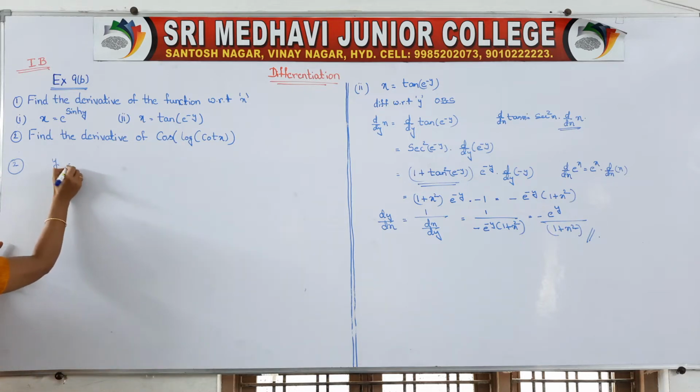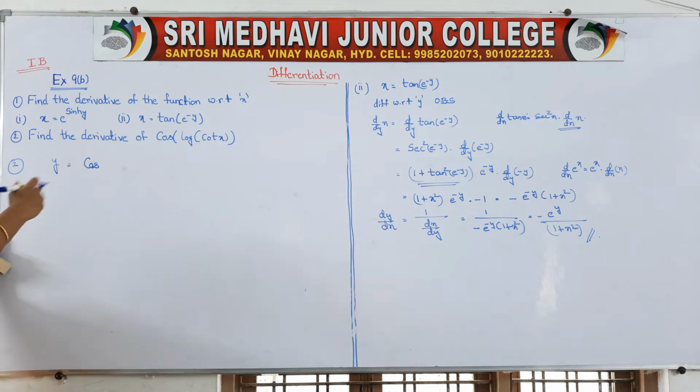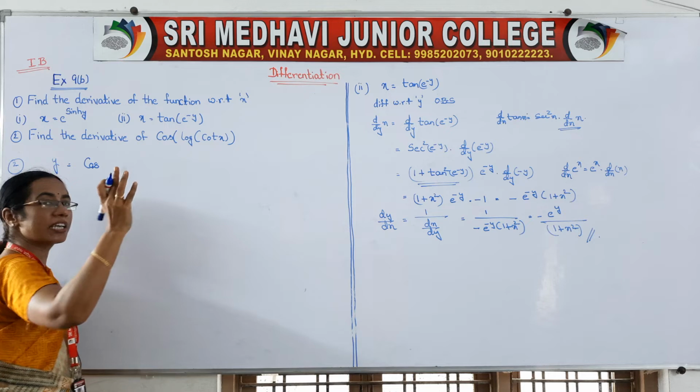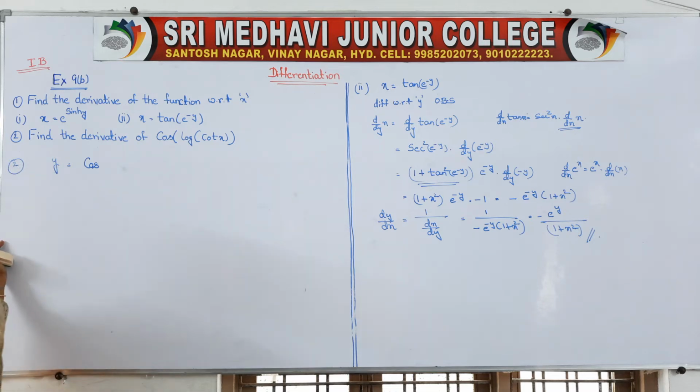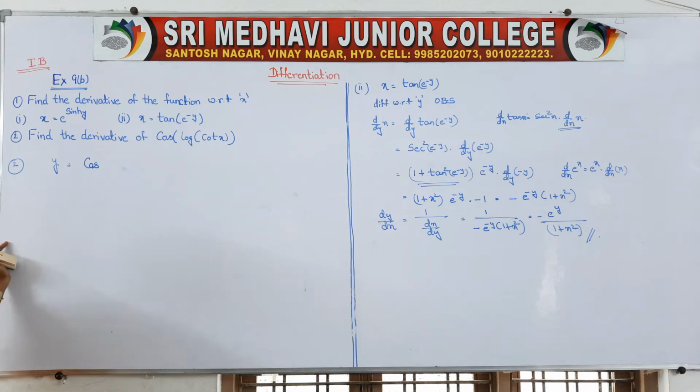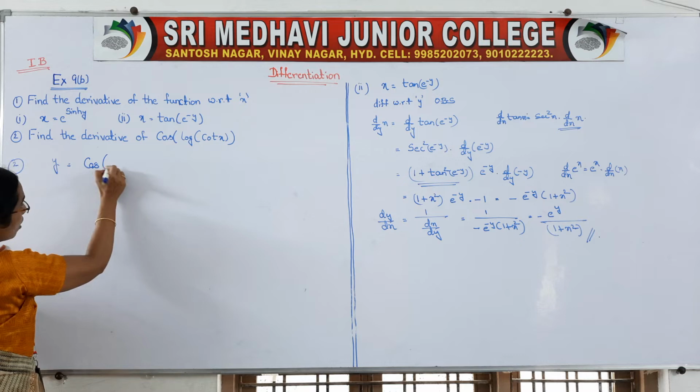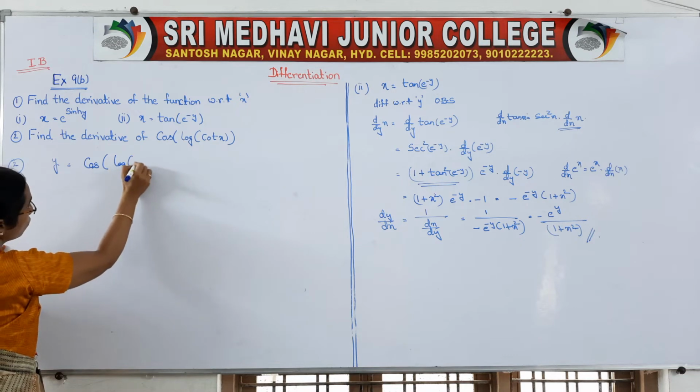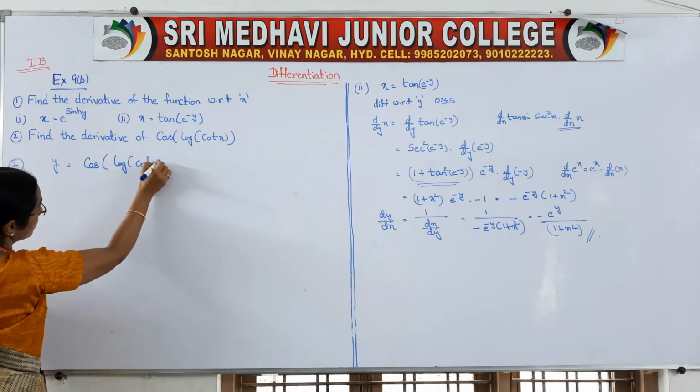You take y is equal to cos of, the function is given in terms of x. Generally, for find the derivative of, they will give the equation in terms of x, and that value should be taken as y. So y is equal to cos of log of cot x.